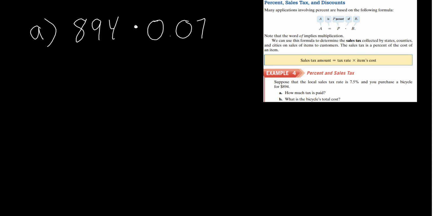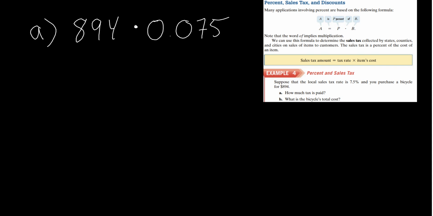And so we'll do an example here to really drive the point home. We have example 4. Suppose that the local sales tax rate is 7.5% and you purchase a bicycle for $894. How much tax is paid? Now, again, when you do this, you have to multiply by the decimal form of the 7.5%. So you're going to say 894 multiplied by the decimal form of 7.5%, which is 0.075.